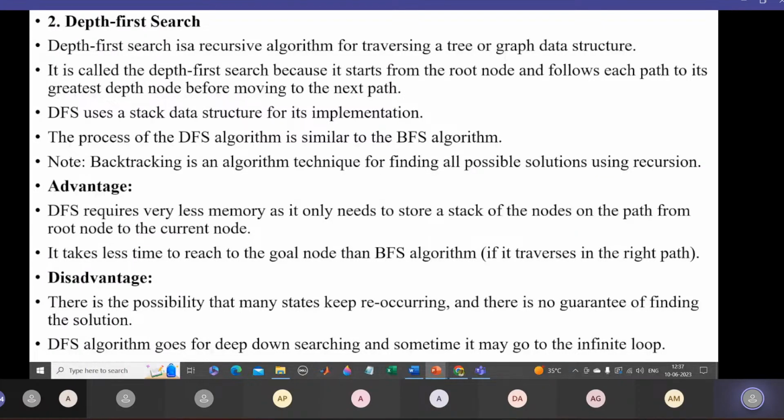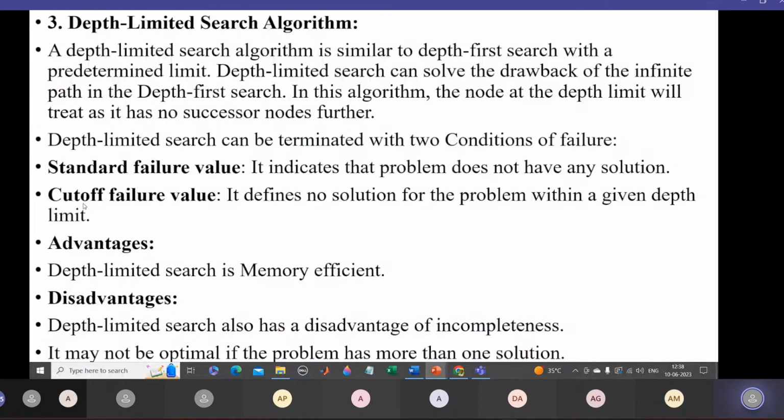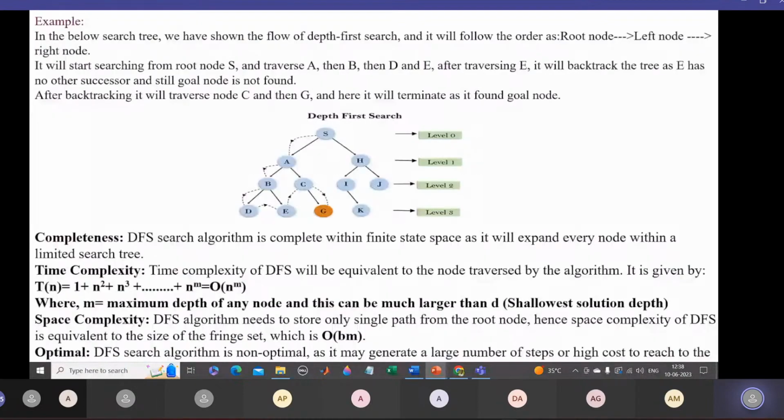Disadvantage: many states can recur because we are backtracking, so you have to go deep down searching. For example, let us say the node you are supposed to reach is G. You start with S, go to A, and go till the depth.